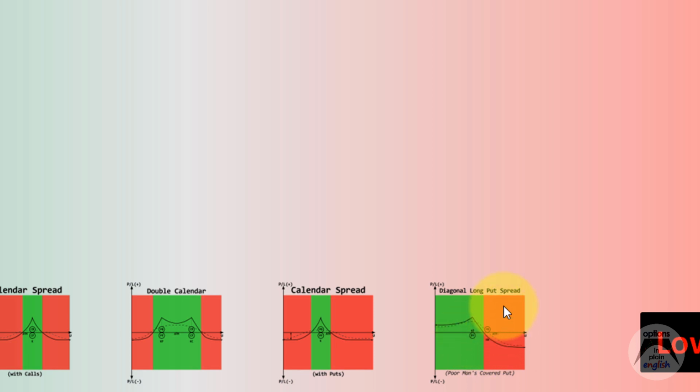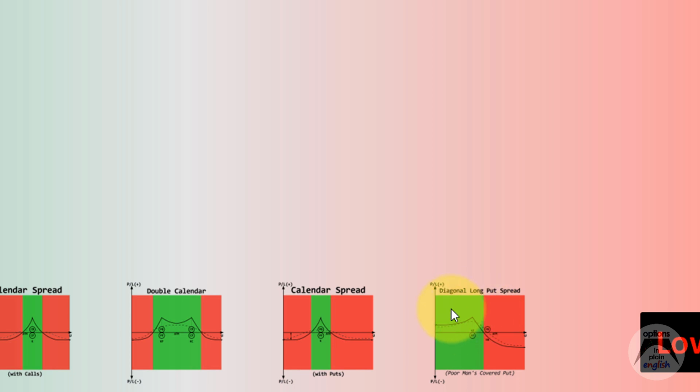In this case, we replace the short stock with an in the money long put that we pushed to the back month. So this strategy is going to benefit from an increase in IV because we have the long put in the back, which has a higher vega.